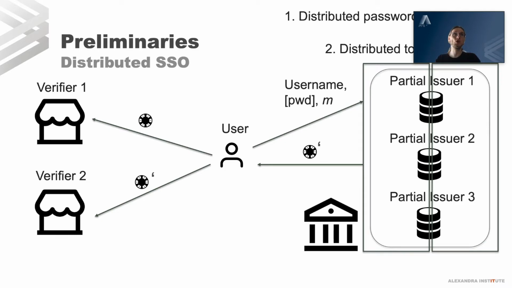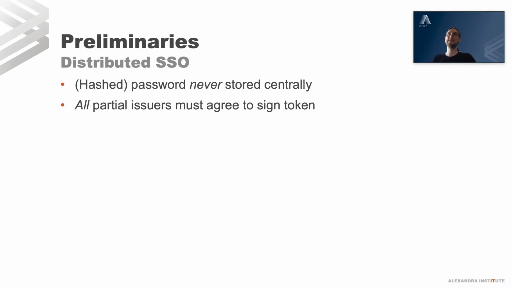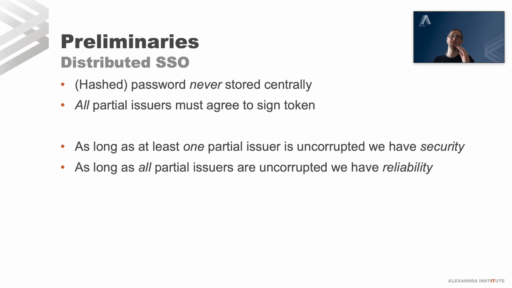When it comes to the token, all the partial issuers do partial signatures on this token. So you need an agreement between all the partial issuers in order to construct a valid token. The features we get here are that the password is never stored centrally, and all partial issuers must agree to sign a specific token. This means that as long as one partial issuer is uncorrupted, we have security, and as long as all issuers are uncorrupted, we also have reliability.